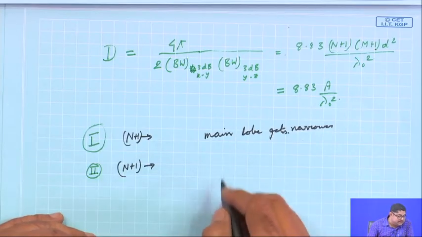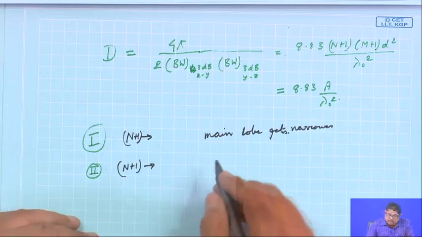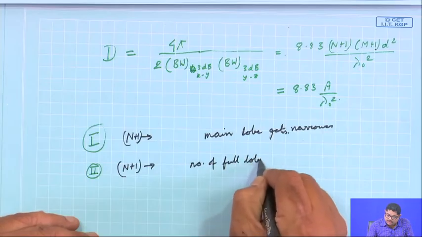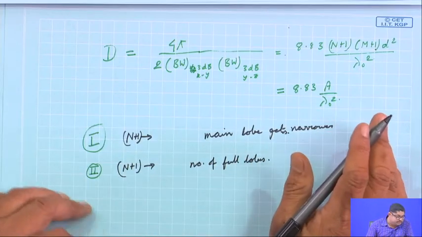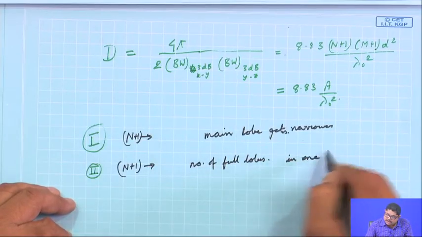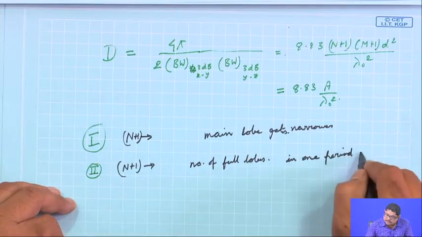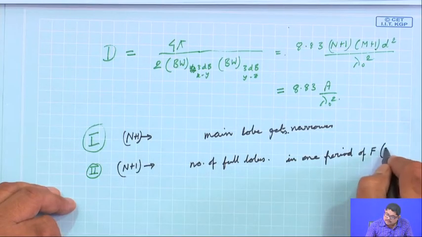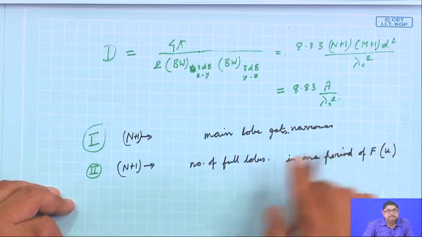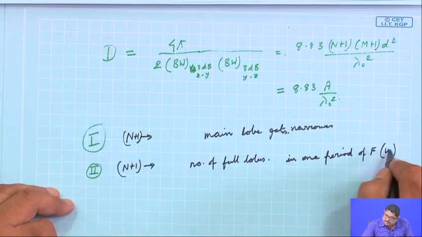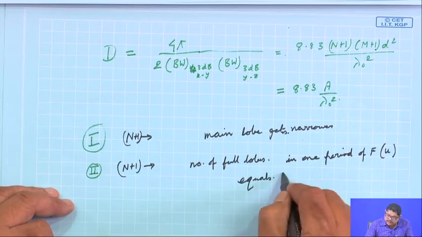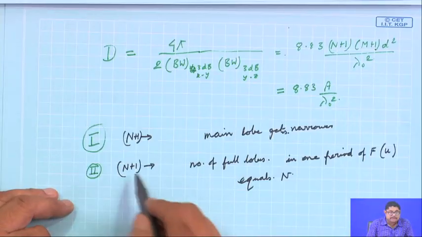Yes, we can say that the number of full lobes, meaning one main lobe plus all side lobes, in one period of F(u) equals n, where n plus 1 is our element number.